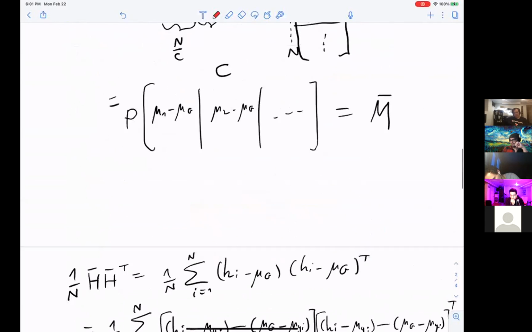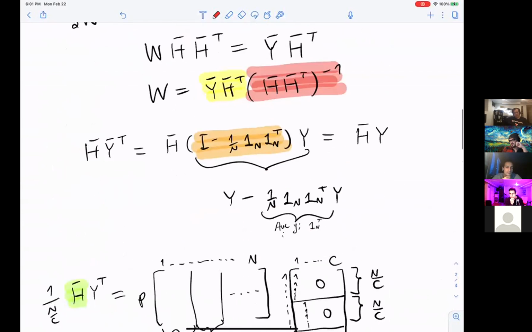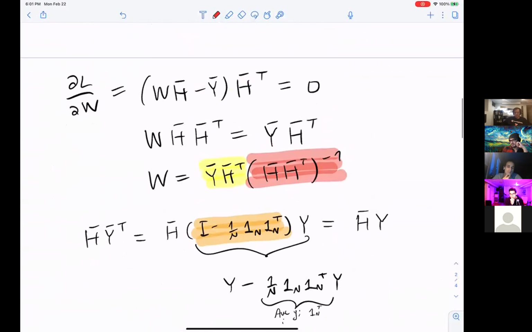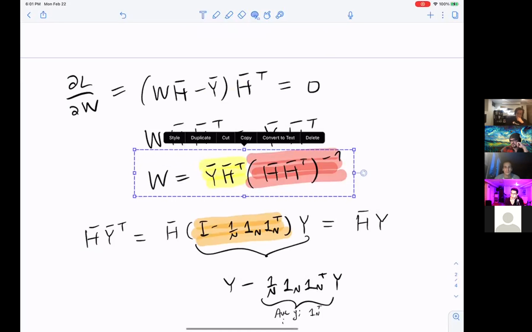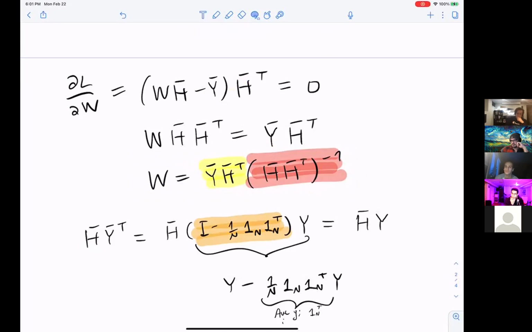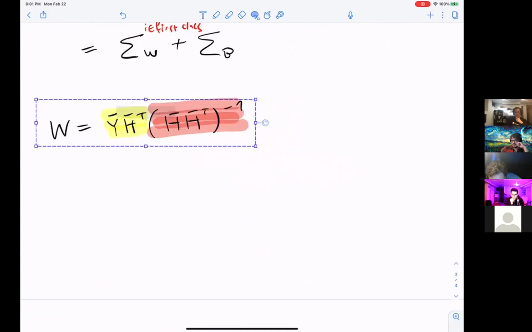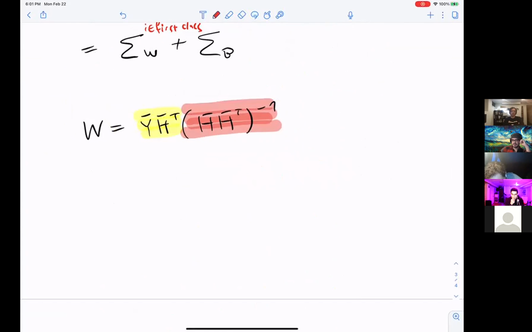So let me conclude, because we're running out of time, by stating the final observation, which is what I was trying to get at. The final observation is that we've proven the classifier is equal to YH transpose times H bar transpose inverse.